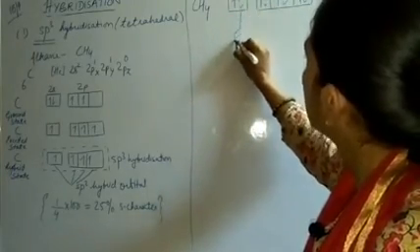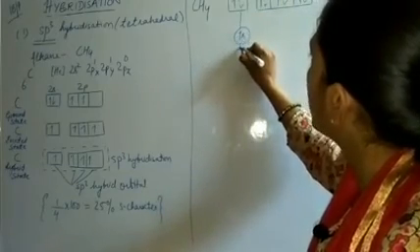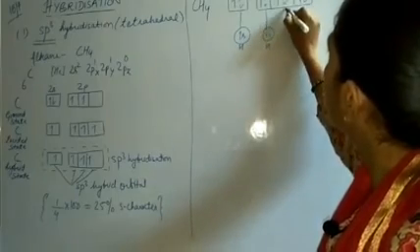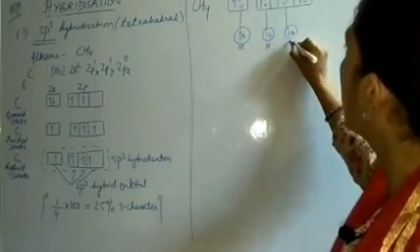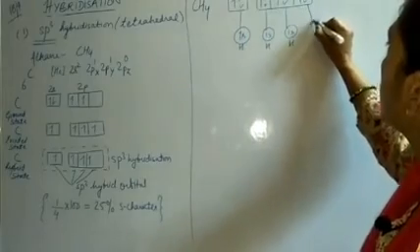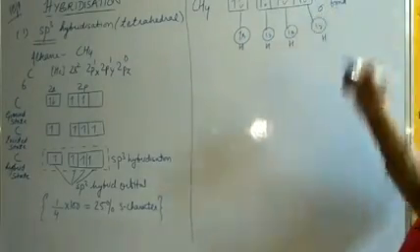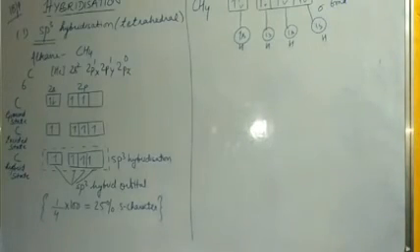This is the 1s of a hydrogen atom, this is also 1s of a hydrogen atom, this is also 1s of a hydrogen atom, and this one is also 1s of a hydrogen atom, to form the sigma bond. So the methane molecule is formed by the overlapping of the sp3 hybrid orbitals with the 1s of the hydrogen atoms, resulting in the formation of sigma bonds.